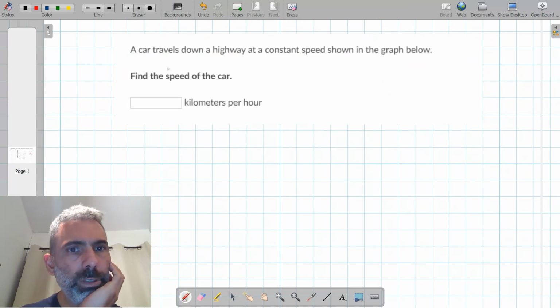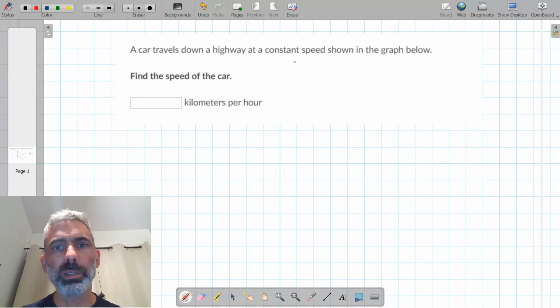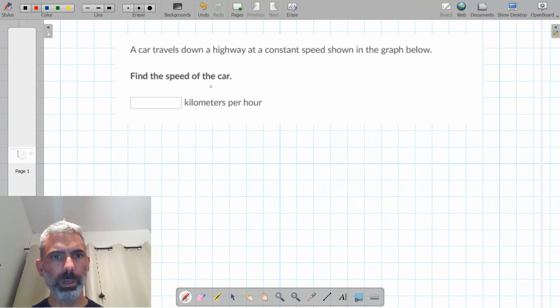A car travels down a highway at a constant speed shown in the graph below. Find the speed of the car.